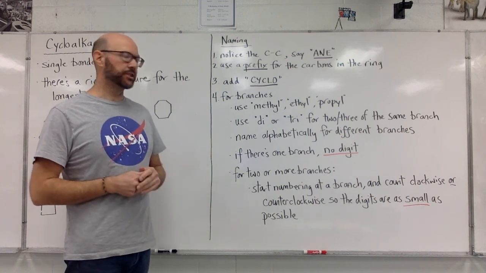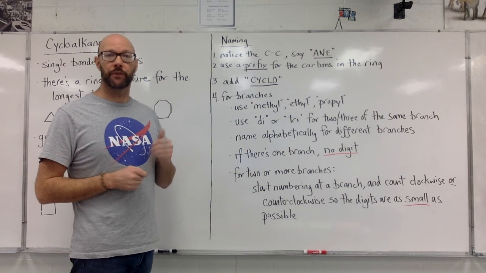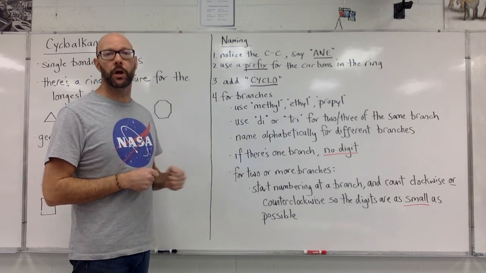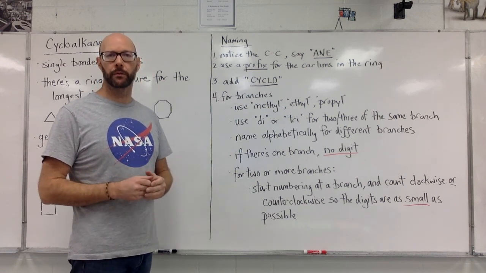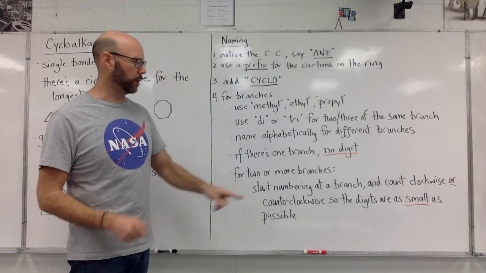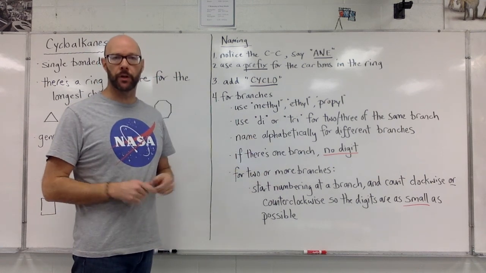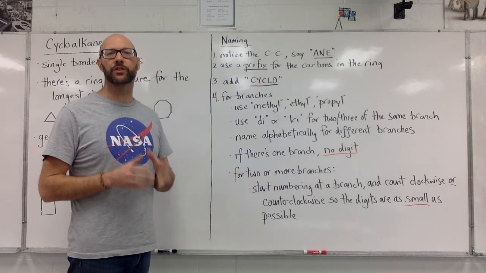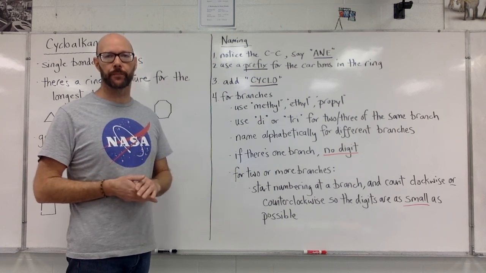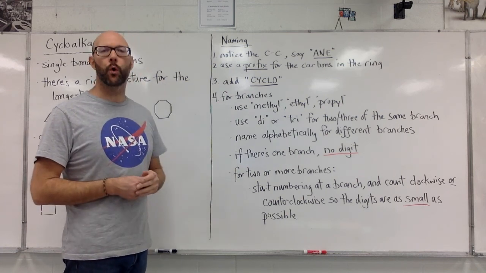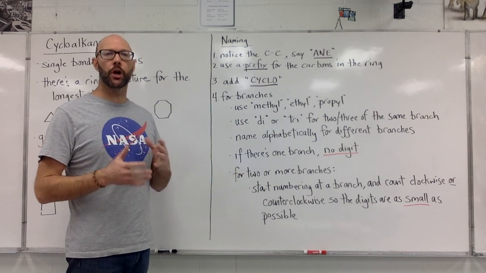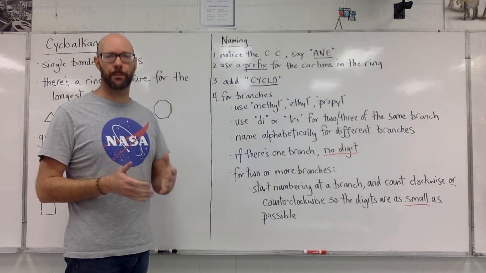The numbering system, though, is a little bit different. If there is only 1 branch, just 1 methyl, or just 1 ethyl, there's going to be no number. There is not going to be a digit to show us the location of that branch. If there's 2 or more branches, we're going to start our numbering process at a branch.